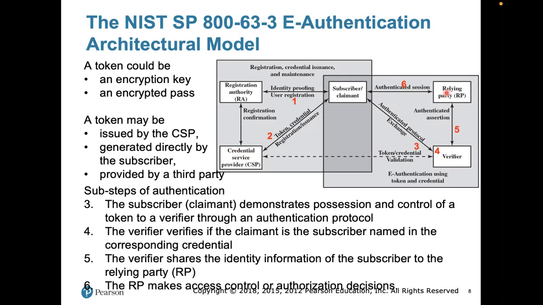This person who claimed to be, for example, Dr. Patuji, yes, he's Dr. Patuji. At this time, authentication is done, and the RP makes a decision about the level of access that it wants to release. This is called authorization.